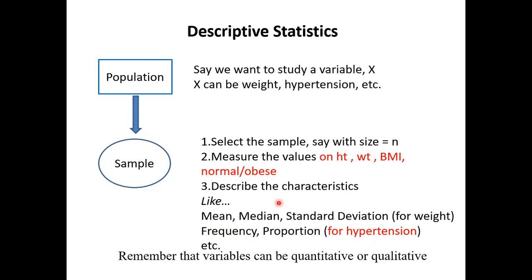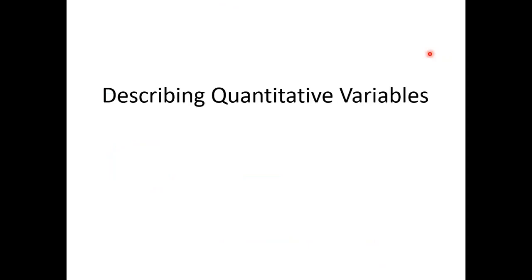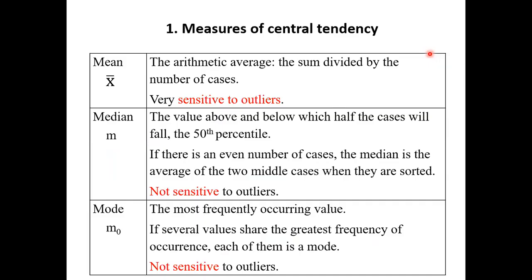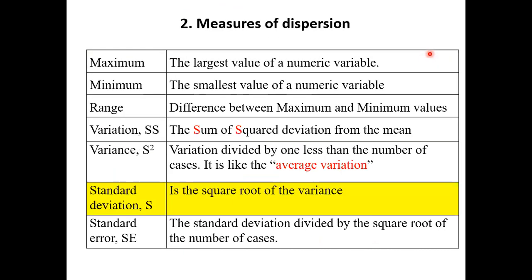So first, we're going to learn how to describe a quantitative variable, right? There are several measures. One is measure of central tendency, where the data is centered. Second is measure of dispersion, how the data are spread. Are they close?